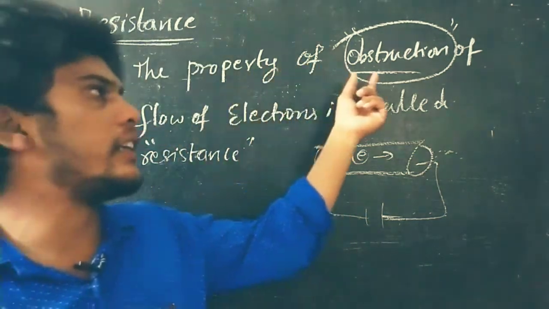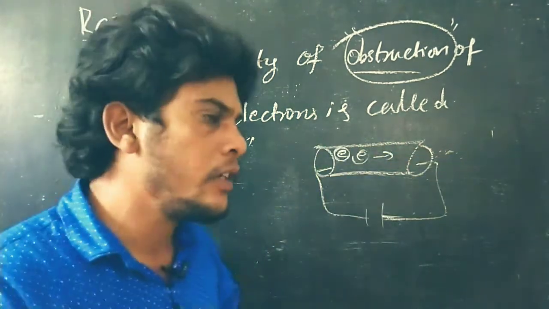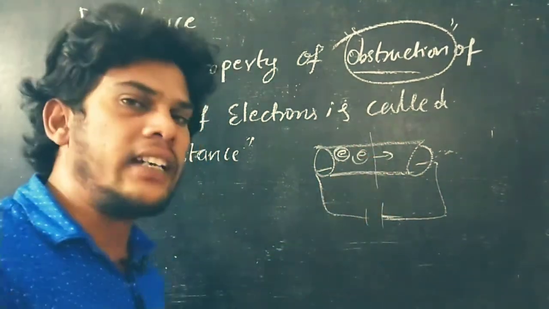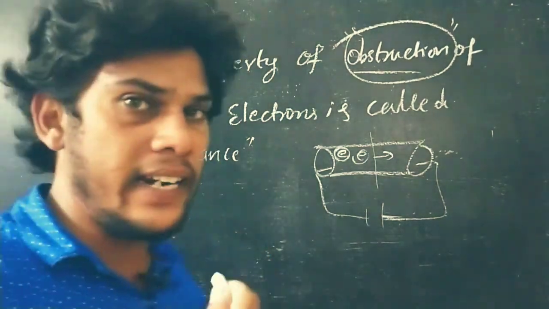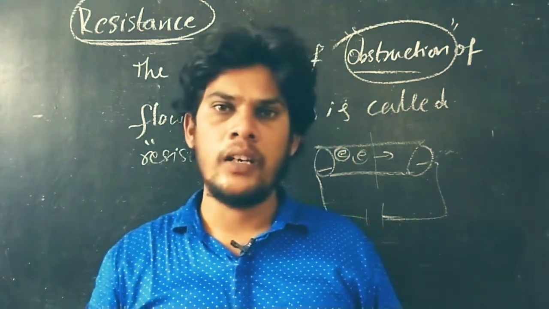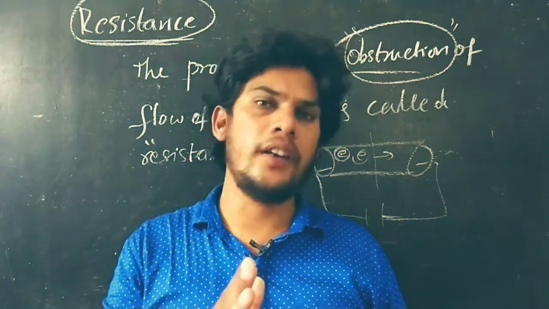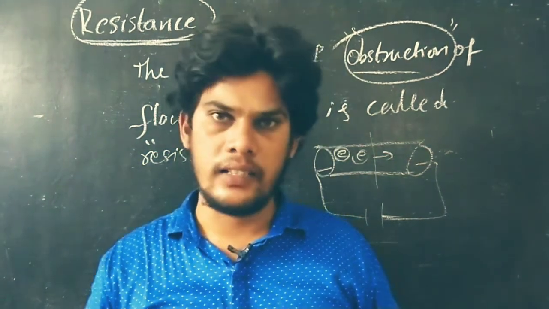That property is nothing but an obstruction of the flow of electrons. That obstructing character is called resistance. So resistance is nothing but the obstruction, the stoppage of the flow of the electrons in the conductor.